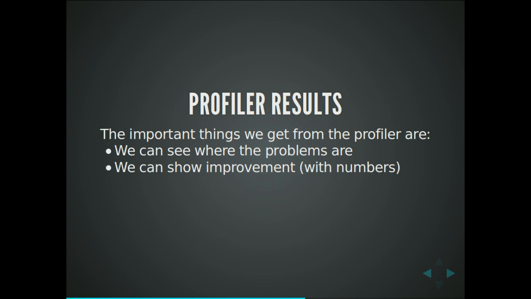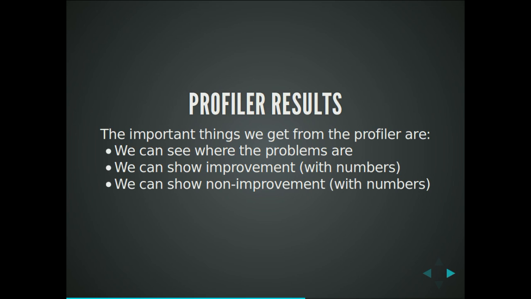Or sometimes you change the code and it is faster, but the reason has nothing to do with your reasoning. So you can look at it and see, oh, that's because it ended up going this way, and therefore I need to trim this. And just as important, we can show non-improvement with numbers.